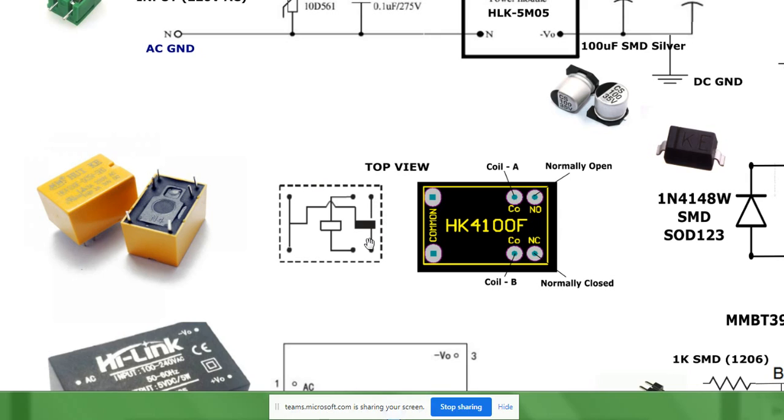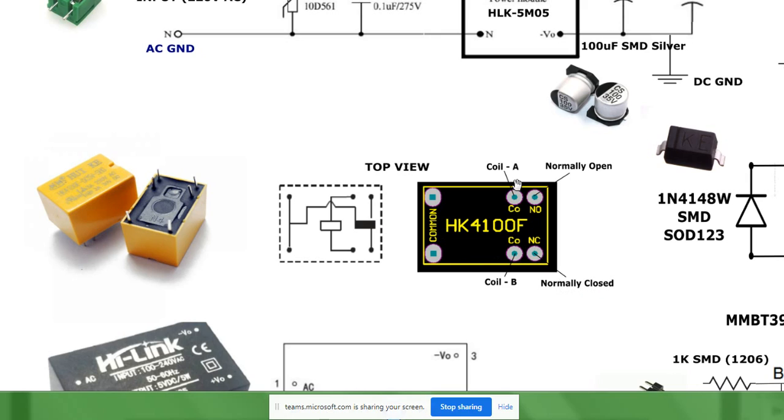Again, this is the top view over there, and this is the common pin over here, and this is the normally closed pin. Now I told you just now that there is a normally open and normally closed. So this means that the fulcrum is, when the DC coil is not energized, this is going to be connected with NC, which is normally closed.